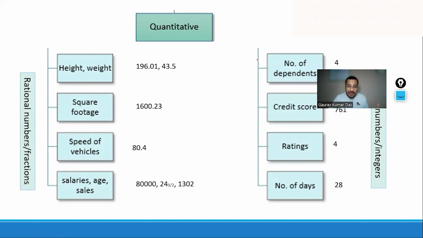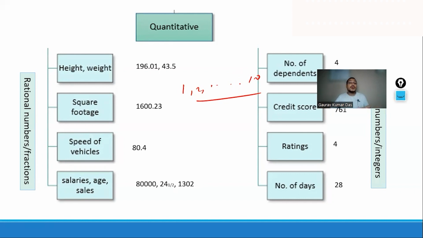Just to give an example, if I ask you what are the natural numbers between 1 and 10, you'll say 1, 2, 3, 4, 5, 6, 7, 8, 9, and 10. But if I ask you what are all the possible numbers between 1 and 10, including decimal points, what will you say? 1.111 can be anything, 1.001. So that makes it continuous.